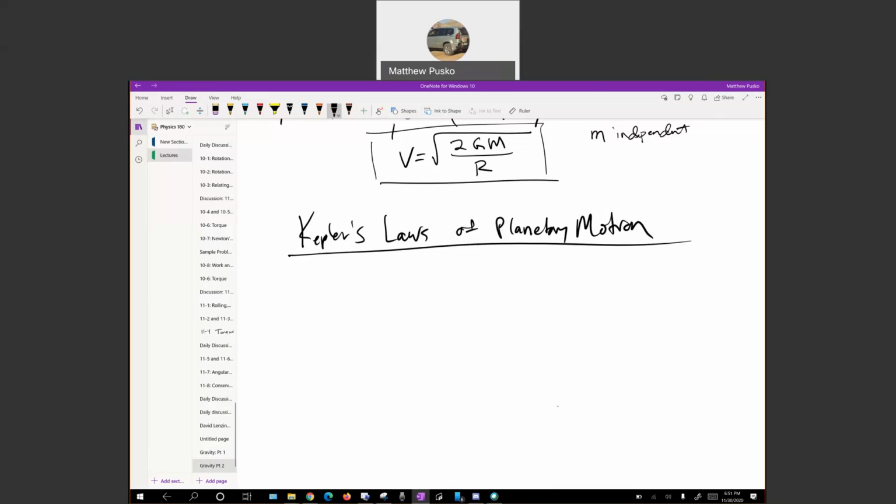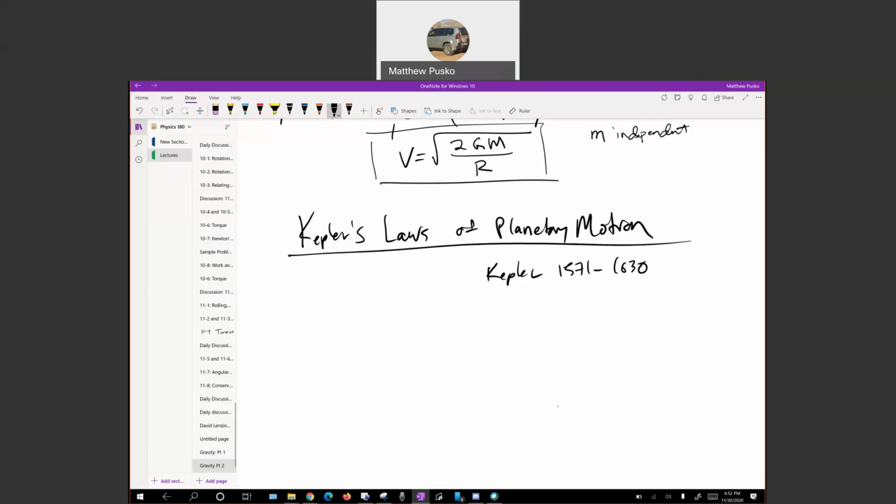Later, this is before Newton, right? Let me double check. So Kepler, I'm just getting some history out for you. Kepler was 1571 to 1630.